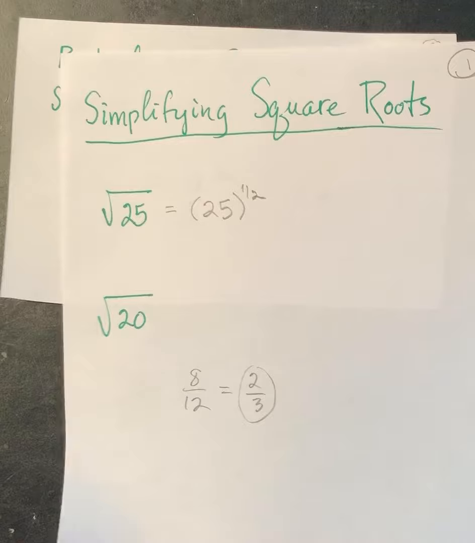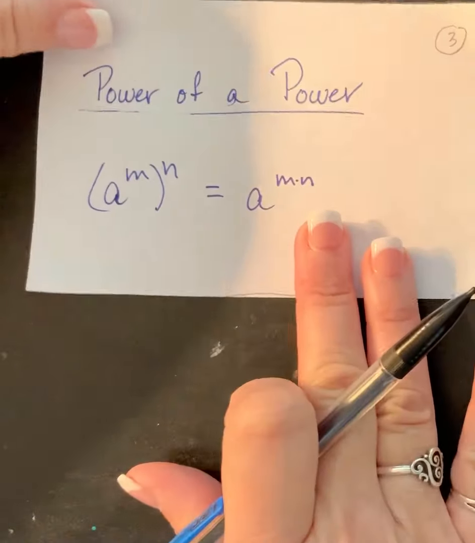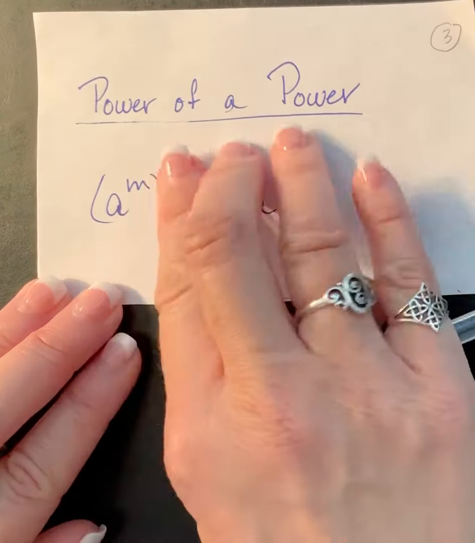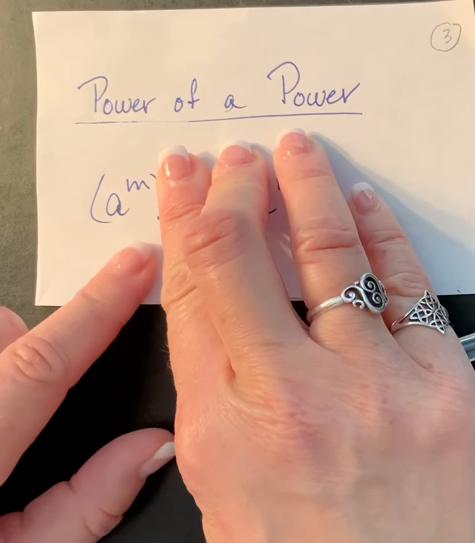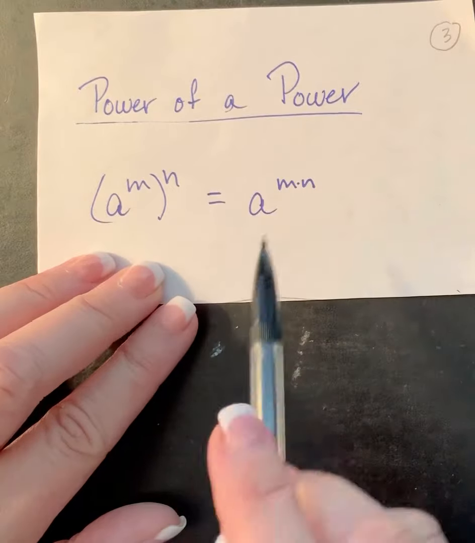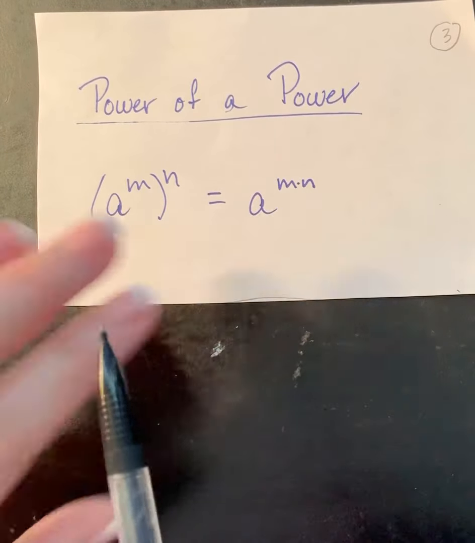Okay, now there's a couple exponent properties we'll look at. One of them is power of a power. So if you have a power like a to the m, and then you're raising that to another power, say to the n, that's the same thing as if you keep the base the same, a, and you multiply the two exponents.